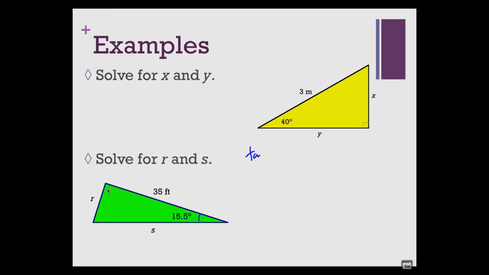Tangent of 15.5 degrees is equal to r over 35. So 35 times the tangent of 15.5 is equal to r. Justin, you're the neutral party here. You're like Switzerland. Wow. 9.71.